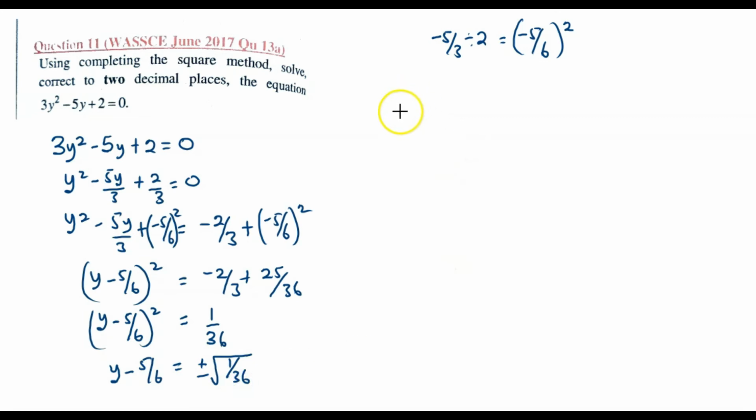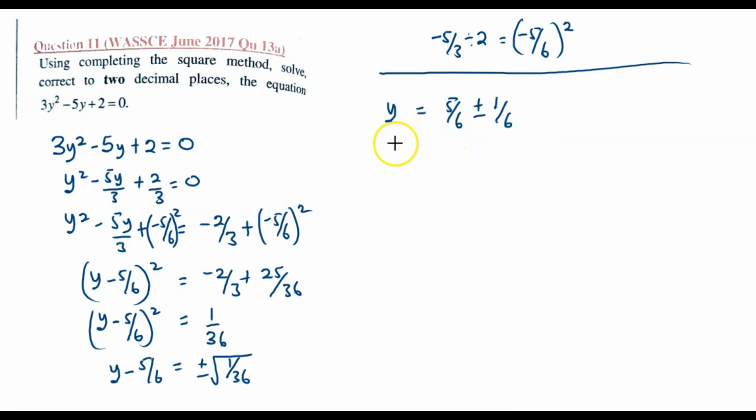When we simplify, that gives us y equal to 5 on 6 plus or minus square root of 1 on 36, which is the same as 1 on 6. So it means y is either 5 on 6 plus 1 on 6, or y is equal to 5 on 6 minus 1 on 6.